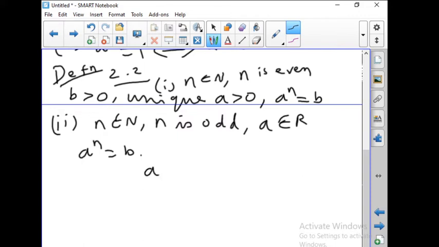So a is equal to b power 1 by n, or we can also write this as the nth root of b. So a is called the nth root of b or radical and is denoted like this. Is it clear, all of you? So this is the definition.